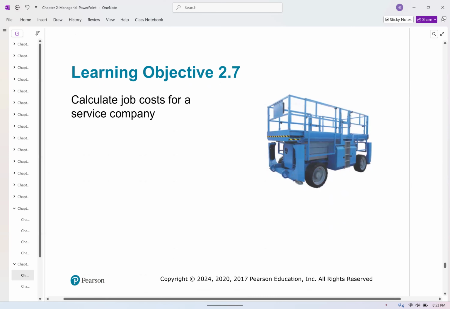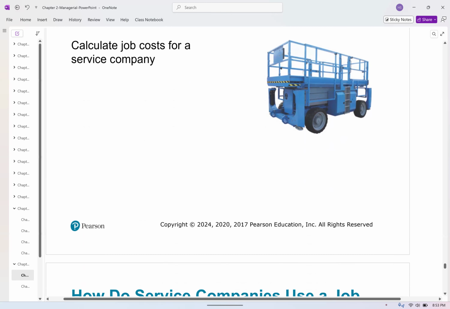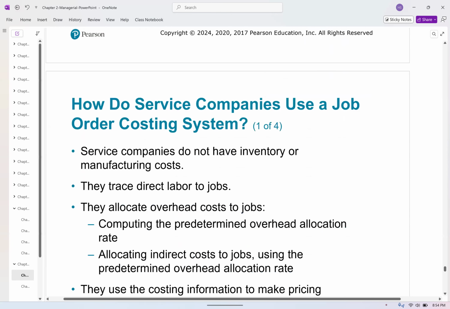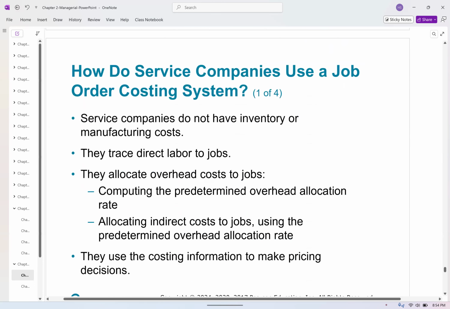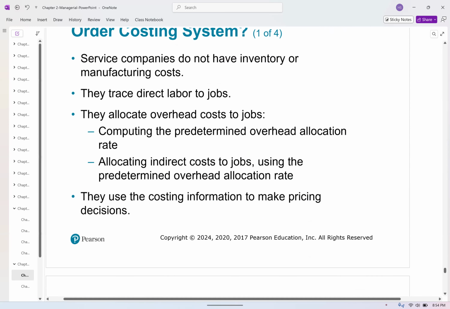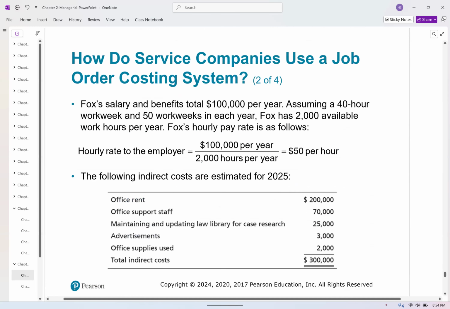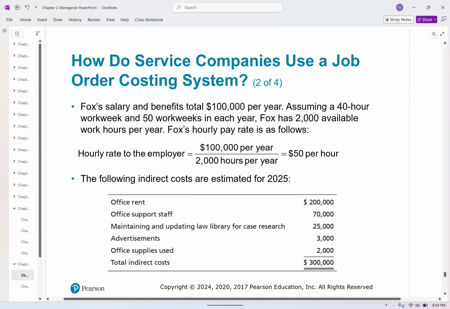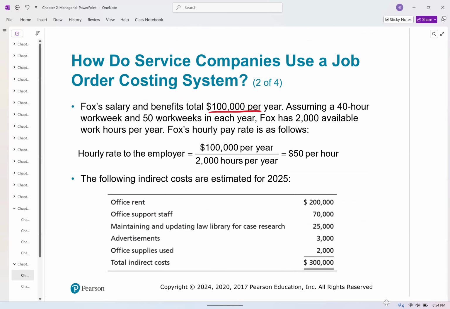We have kind of talked about how we can use all of these different theories in a service-related business, okay? They're just not going to have raw materials, but they're basically accumulating billable hours to trace into jobs. So they give us a quick little example here. Fox's salary and benefits total 100,000 per year, assuming a 40-hour work week and 50 work weeks in each year.